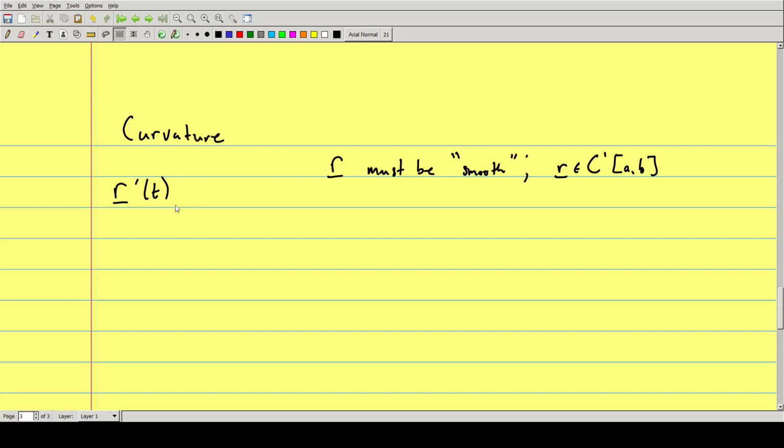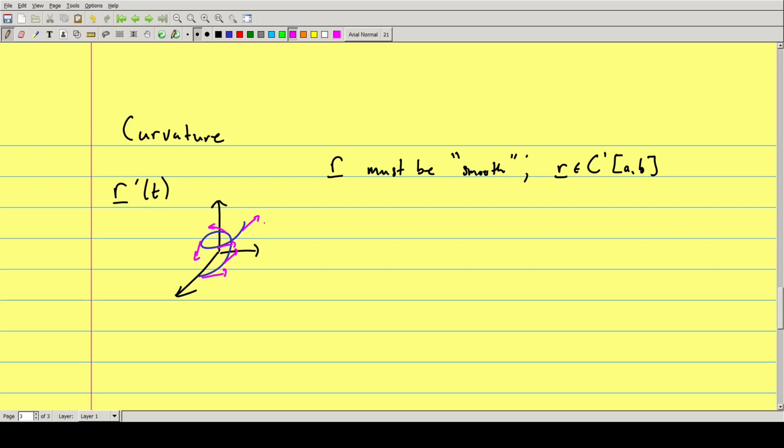So if we are looking at this expression here, and we have some kind of curve, we of course are thinking about there being a bunch of tangent vectors pointing off of this thing, right?